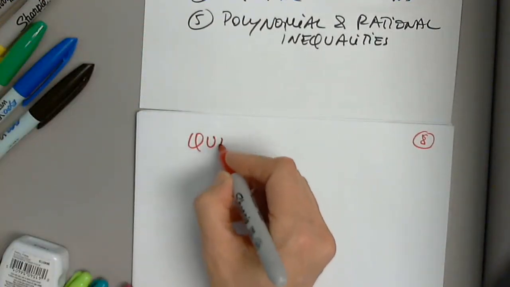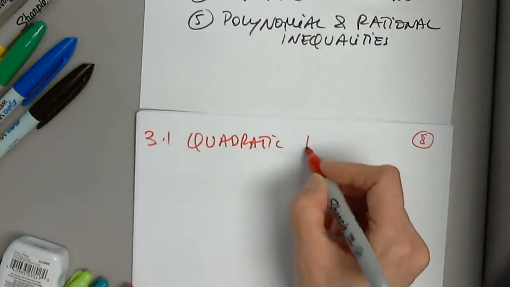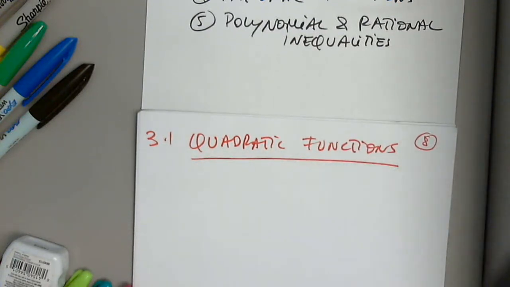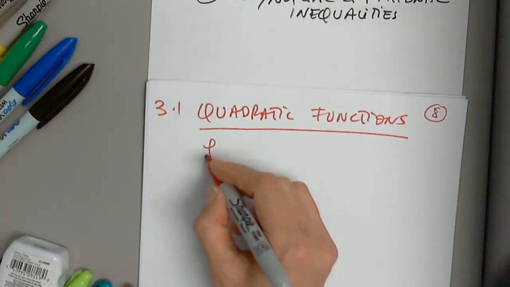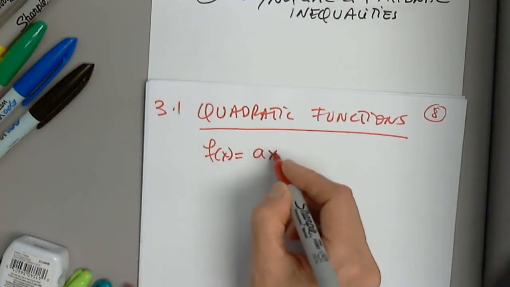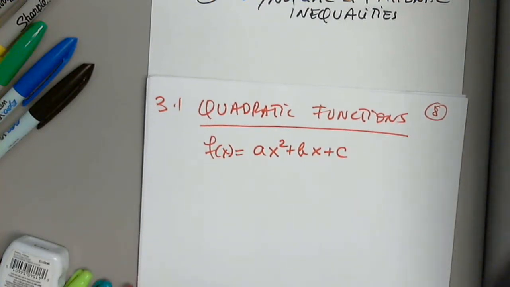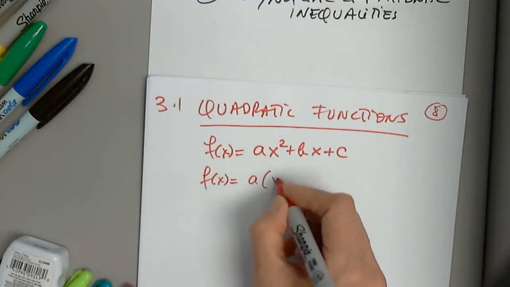Okay, a quadratic, so 3.1. Quadratic functions. Okay, they can be given to us in two different ways. They can be given to us as ax squared plus bx plus c, or as we saw in transformations, like this.